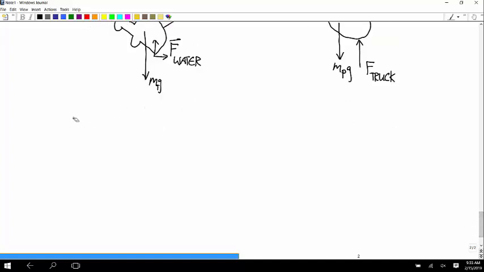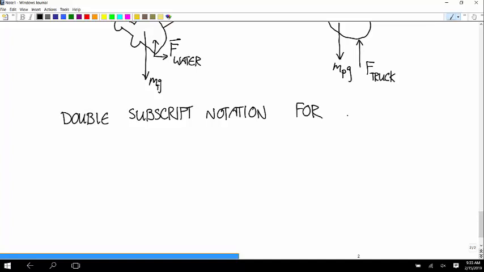So now the double subscript notation for force. Okay, so we're not going to use this for scalars. We are also going to use it for couples. Not yet, because these are particles.